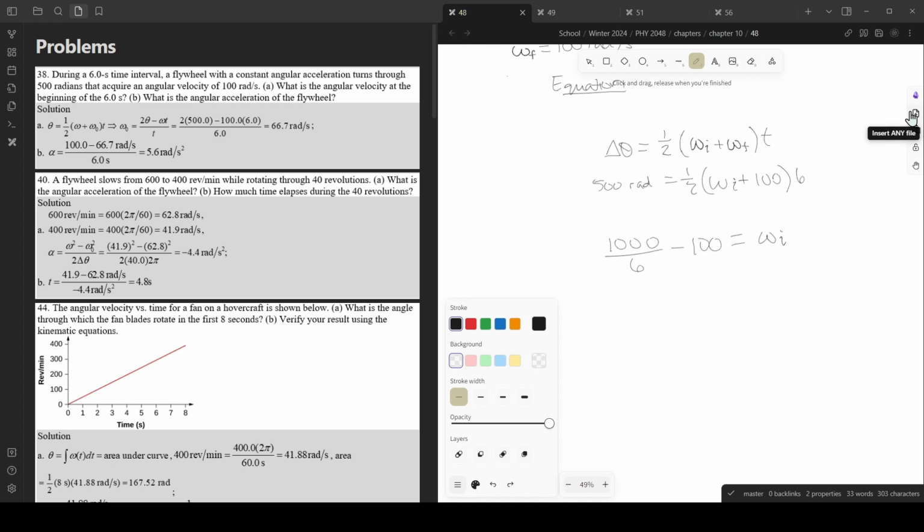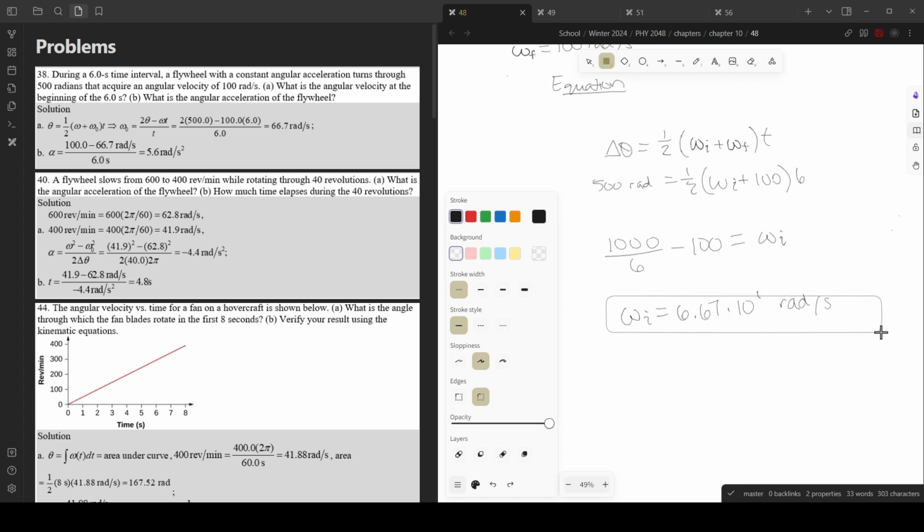So just put this in your calculator. Minus 100, and you should get omega initial equals 6.67 times 10 to the 1 radians per second. So that's part A done.